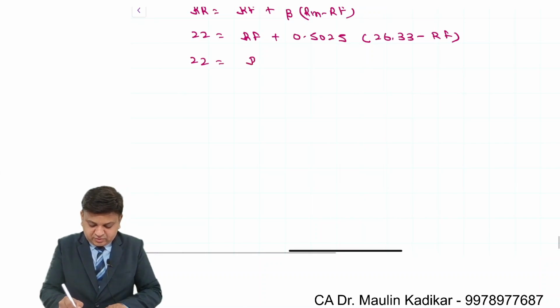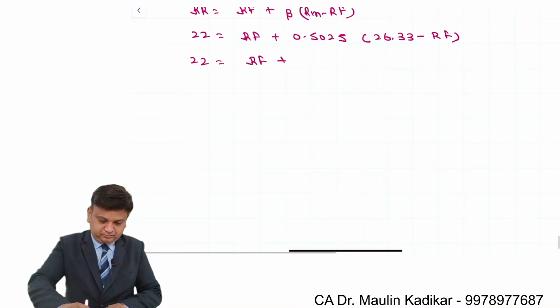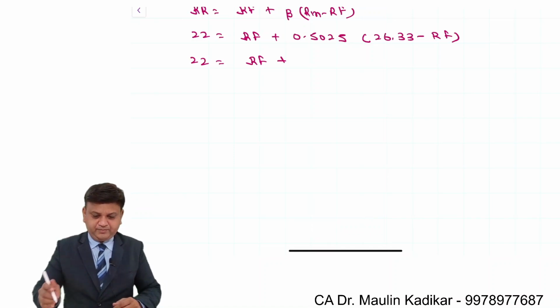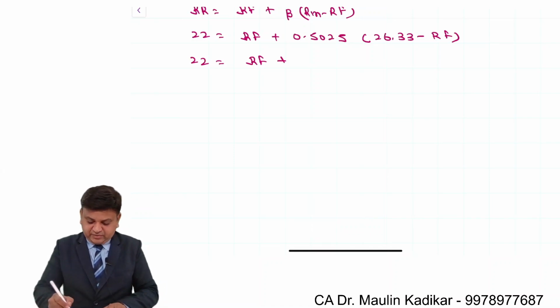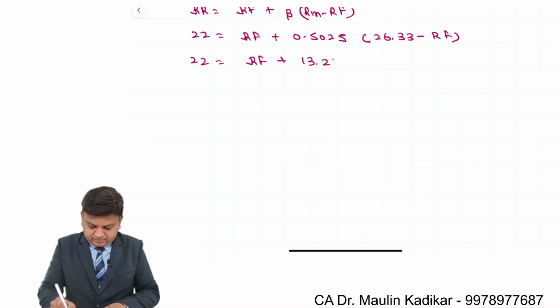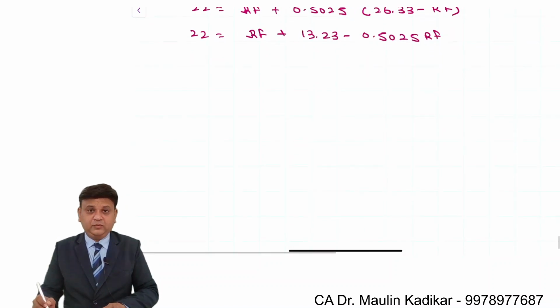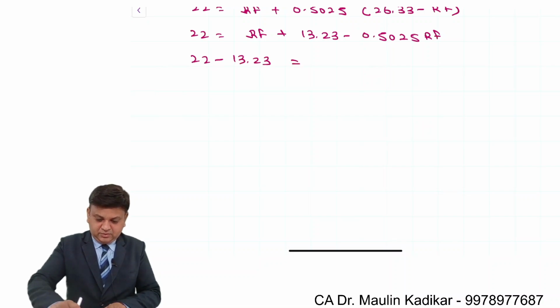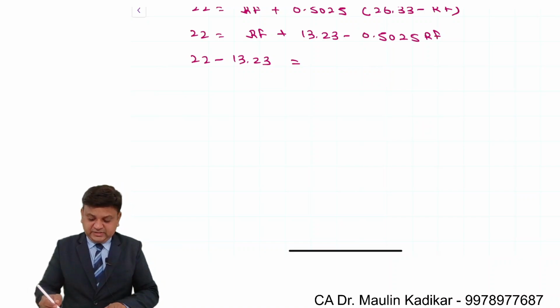So 22 is equal to RF plus 26.33 into 0.5025. That comes to 13.23 minus 0.5025 RF. So 22 minus 13.23 is equal to 1 minus 0.5025, 0.4975 RF.